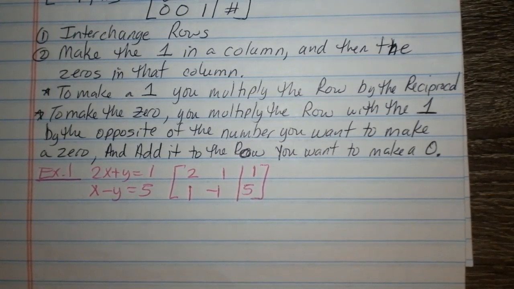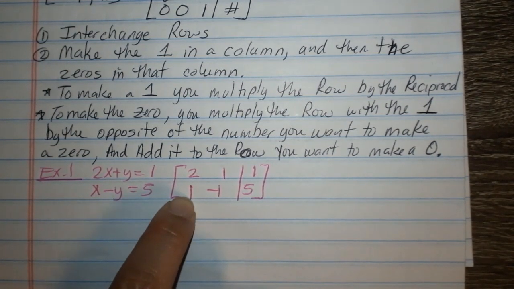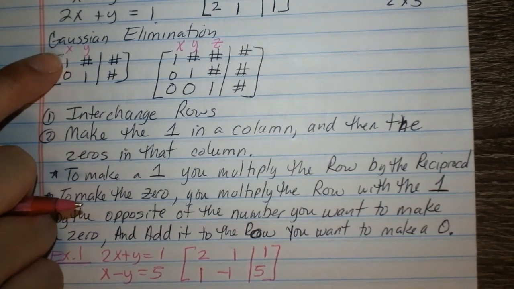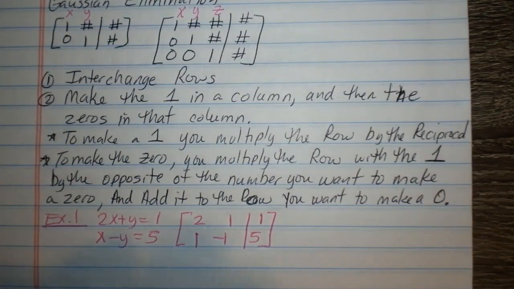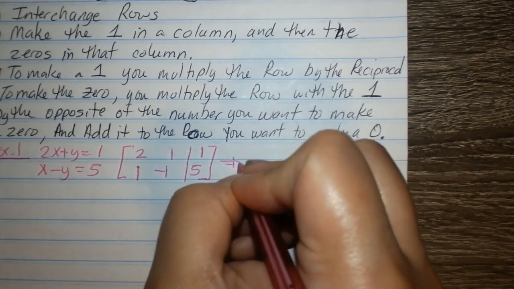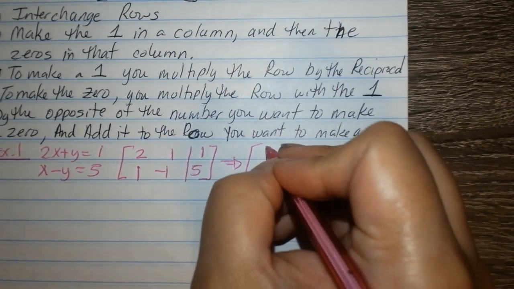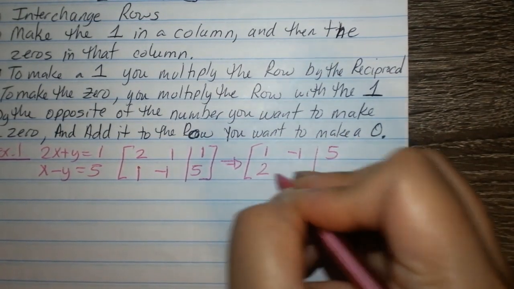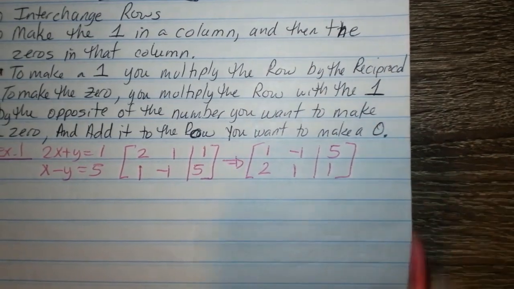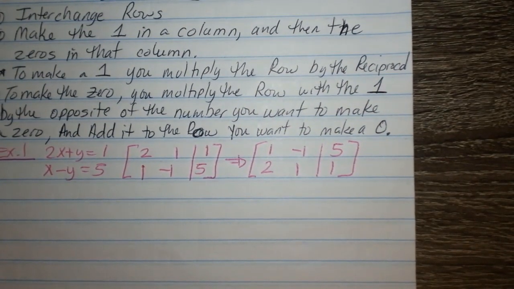The reason you want to interchange rows is because this bottom one has a 1. And that's what you're trying to get, a 1 up here. So instead of having to multiply and add in everything, I could just interchange them. So this becomes 1, negative 1, 5, 2, 1, 1. So that's the first thing, interchange.